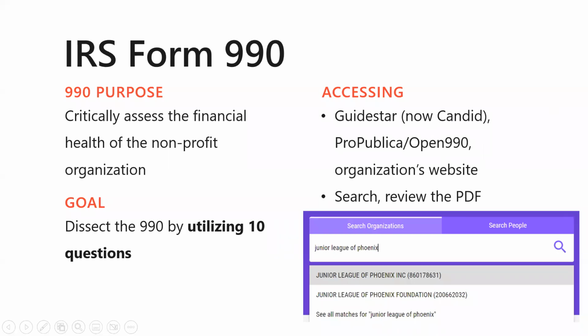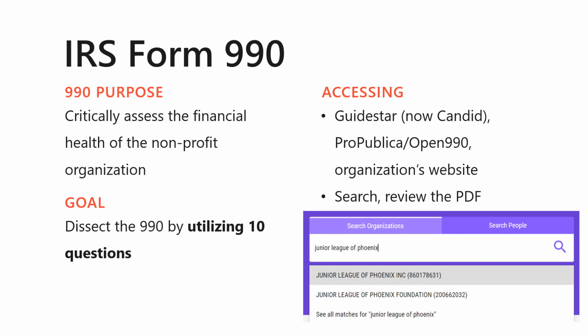So what are we going to learn today? What is the 990? The 990's purpose is to critically assess the financial health of a nonprofit organization. What is this form even to begin with? It is required of all nonprofits, really 501(c)s, to annually report out from a fiscal standpoint what they're doing with their money.